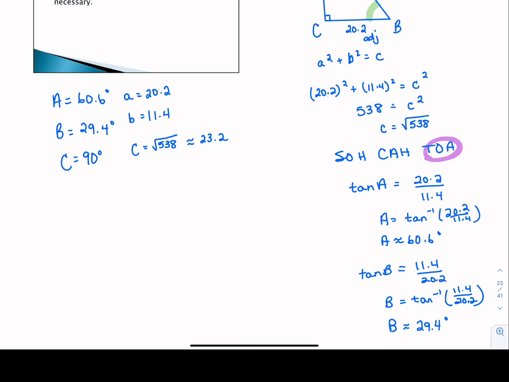The largest angle of 90 degrees is across from the largest side. And if we found the sum of all three angles, we know those angles will sum to 180 degrees. And again, that's what we're predicting, because these are the sum of interior angles within this triangle. So we have solved this triangle by finding all missing side lengths and all missing measurements.